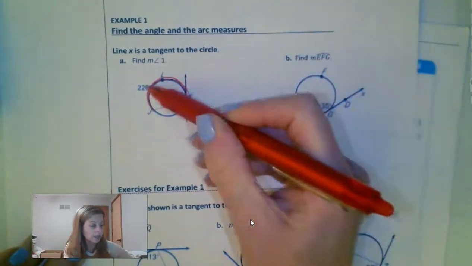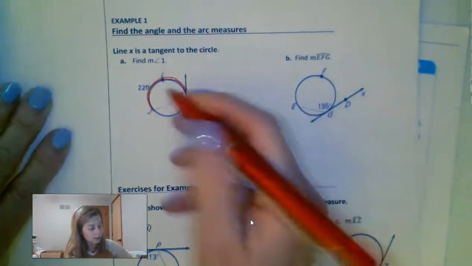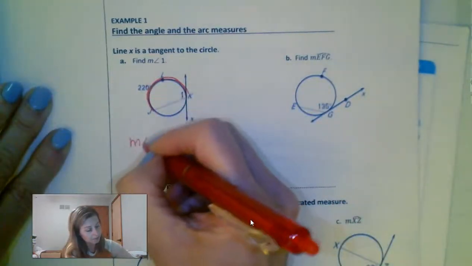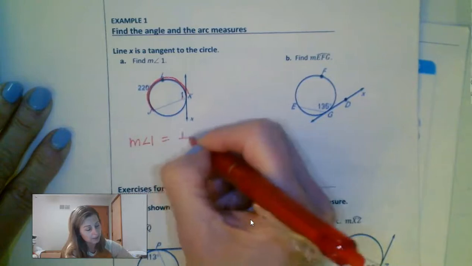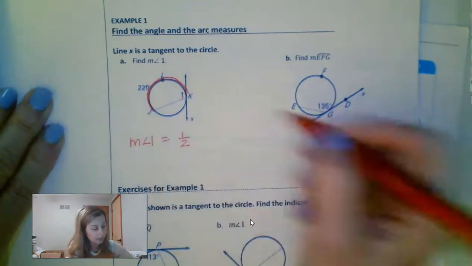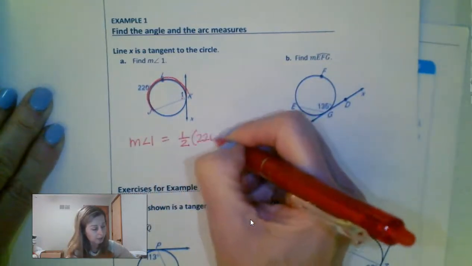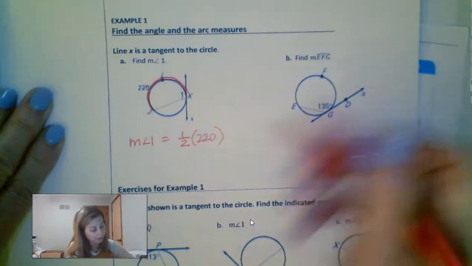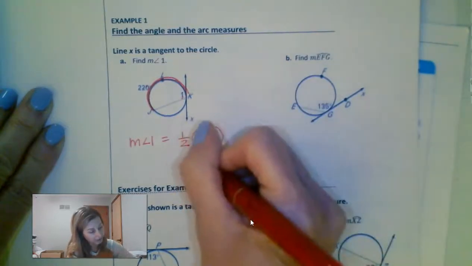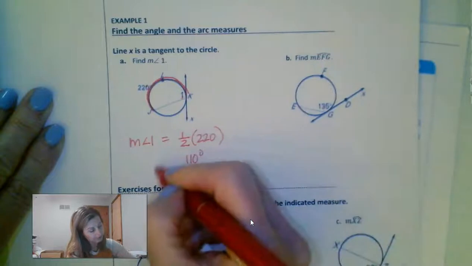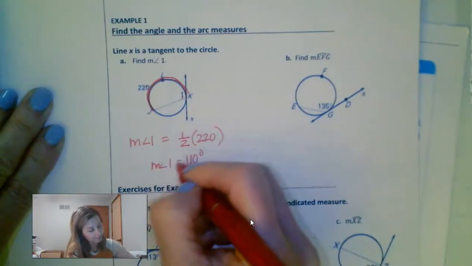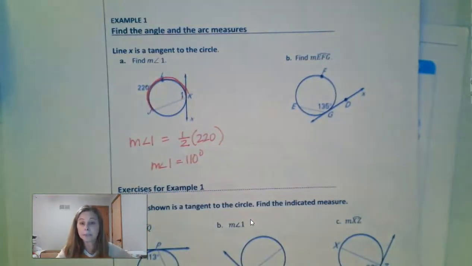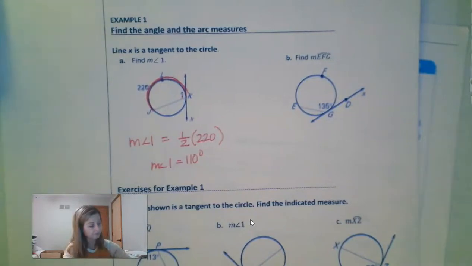So angle 1 is half the amount of the arc. Okay, so I'm going to say here that the measure of angle 1 is equal to 1/2, and I'm going to go ahead and just put in my number, 1/2 of 220. All right, so if I take half of 220, I get 110 degrees. So therefore, the measure of angle 1 is 110 degrees.